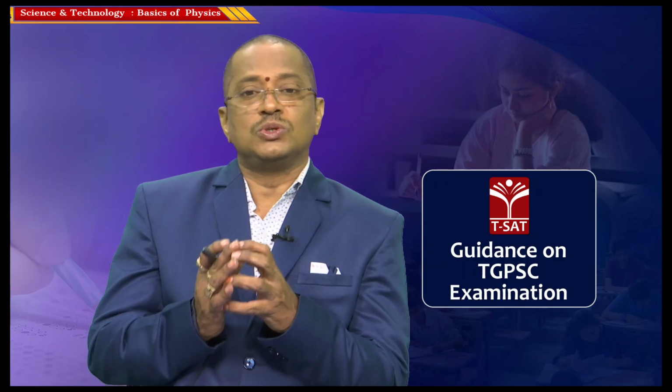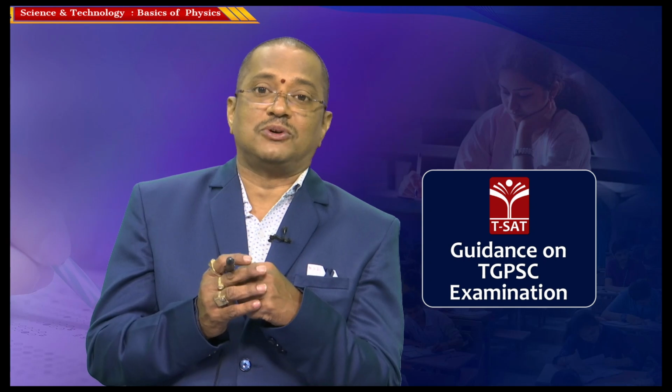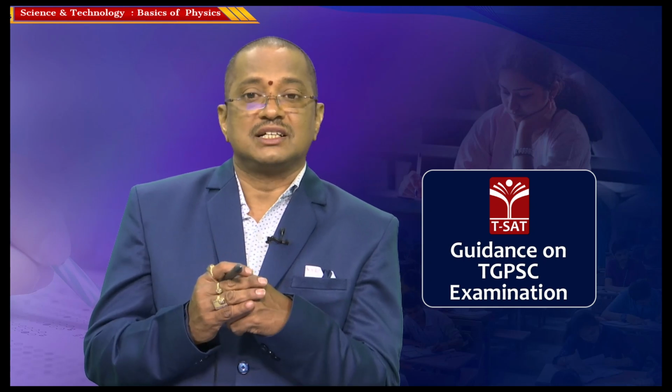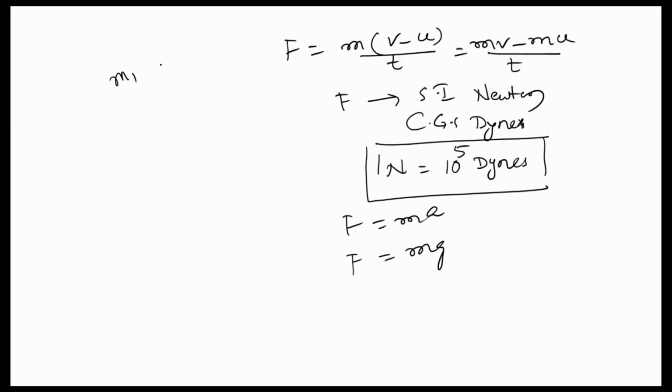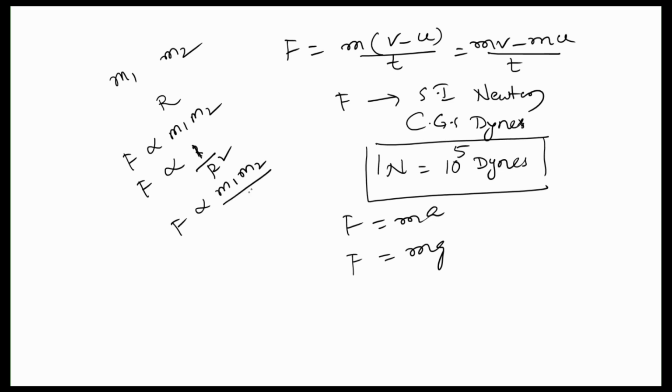And if you want to know the force between two celestial bodies, say the mass of one celestial body is m1, the mass of the other celestial body is m2, and the distance between the two celestial bodies is r. Then F is proportional to m1 m2, F is proportional to 1 by r square, so F is proportional to m1 m2 by r square, or F = G m1 m2 / r^2.